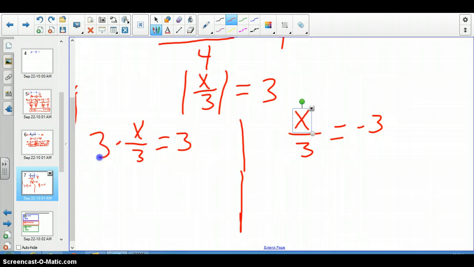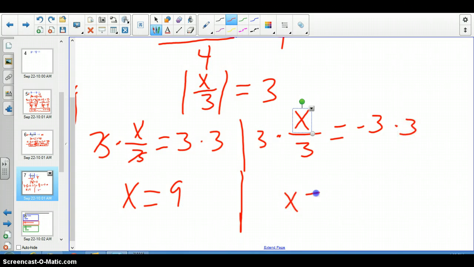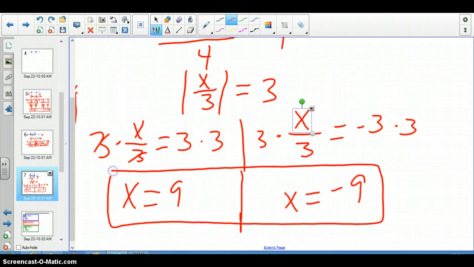So I multiply each side by 3. I have x equals 9, and I have x equals negative 9. So here I got plus or minus 9. So this one actually, we got plus or minus a number.